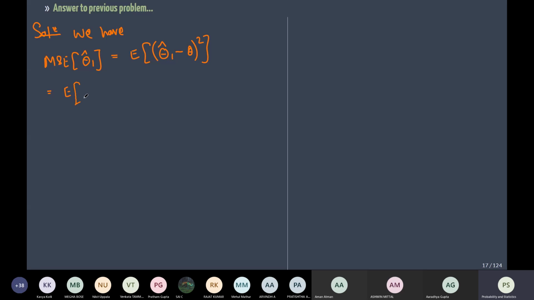This is the expectation of x1 minus the expectation of x1, squared, since theta is the expectation of any xi, but we can write x1. This we know is nothing but the variance of x1, and we know it's sigma squared.